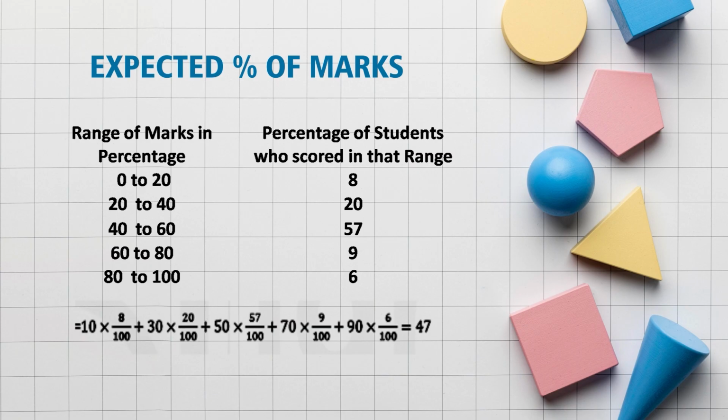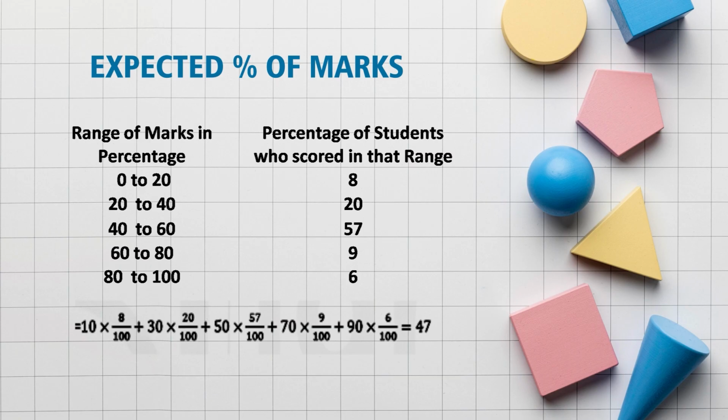And the class mark in case of 20 to 40 is 30, right? Mid value. It is 30 into 20 by 100, because 20 is the percentage of students who have obtained marks between 20% to 40%.